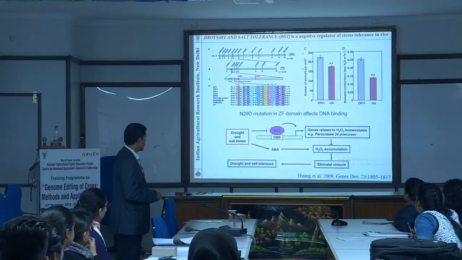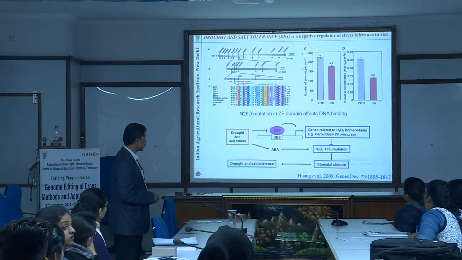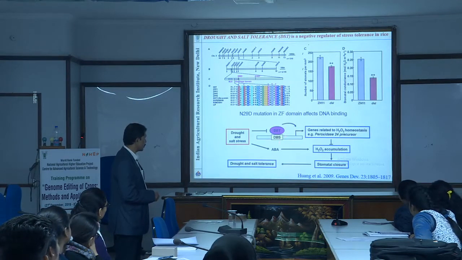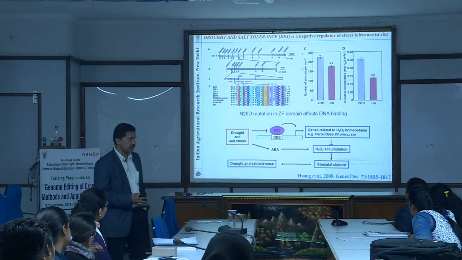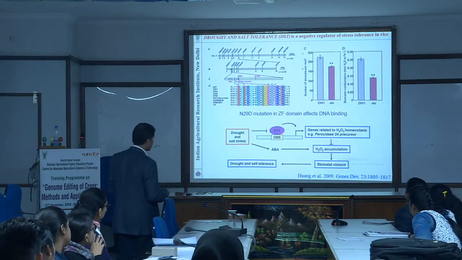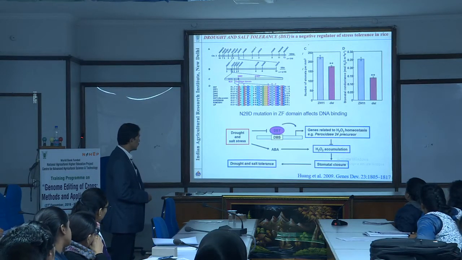This gene, in an ABA-independent pathway, regulates peroxidase 24. If the normal version of this transcription factor is there, it binds to the peroxidase 24 promoter and induces gene expression. If the peroxidase expression is high, it uses up the hydrogen peroxide, and the hydrogen peroxide signal will not be there. So it is a kind of negative regulator of hydrogen peroxide accumulation.